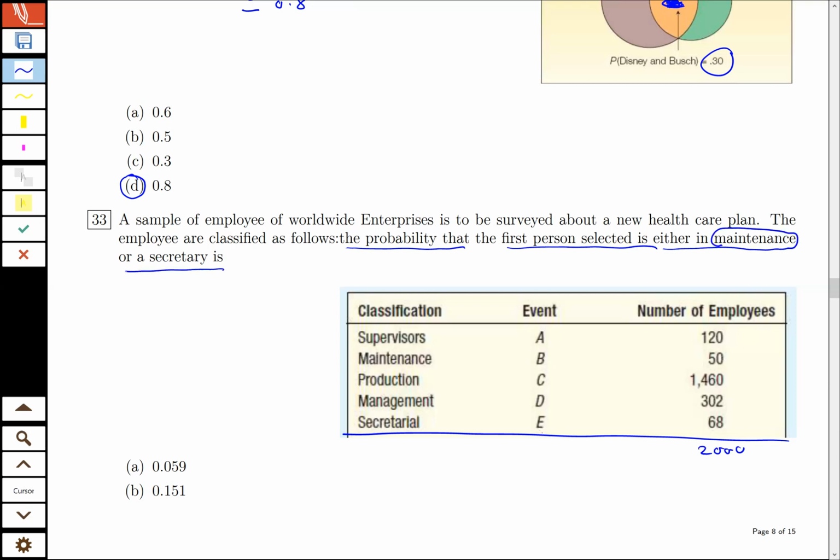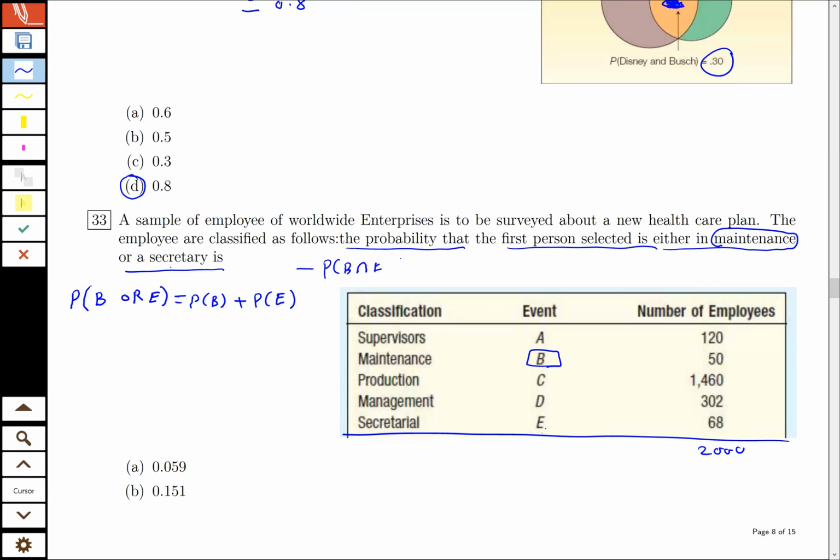We say the probability of either maintenance, which is B, or secretary, which is E. When we say probability of B or E, that's the probability of B plus the probability of E. Some of you will ask, what about minus the probability of B intersection E?